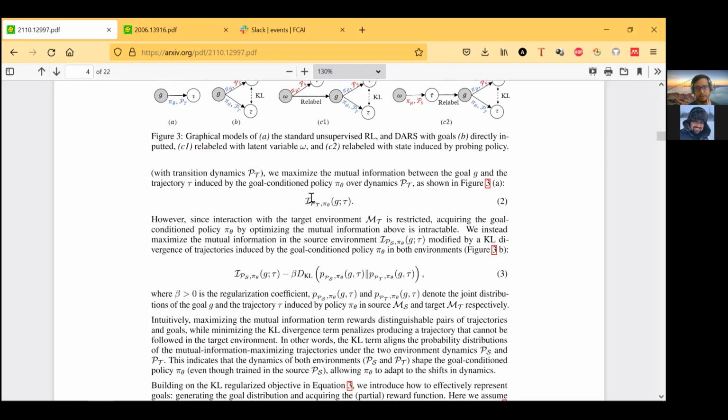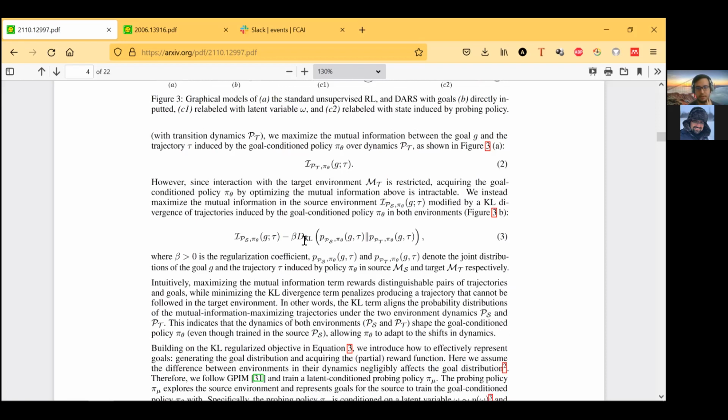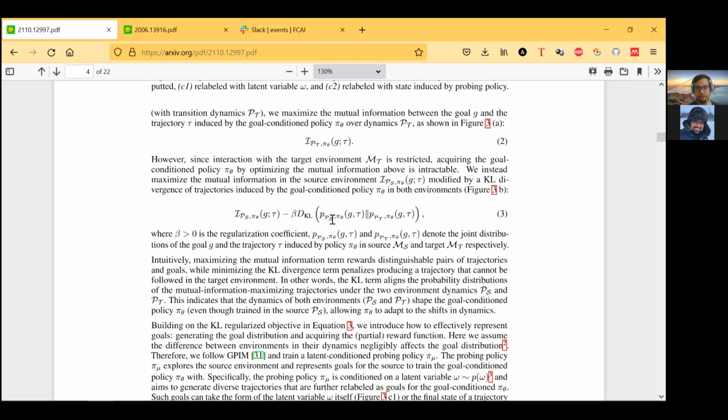Then the second step: this part was about learning diverse skills, but then there is also the part about having a difference between source and target in the environment. Going from this first objective of just maximizing the mutual information, they introduce a penalty that measures the KL divergence between trajectories generated from the same policy, but on the source and the target environment.